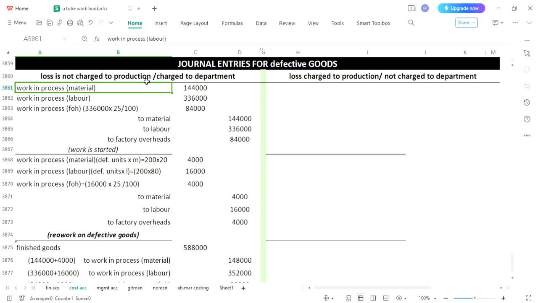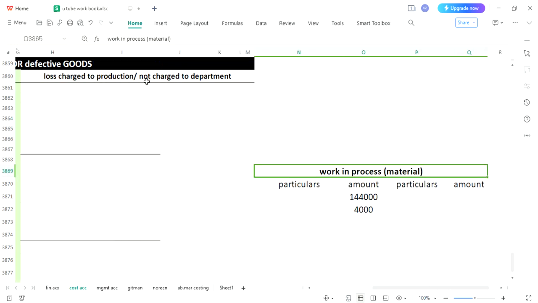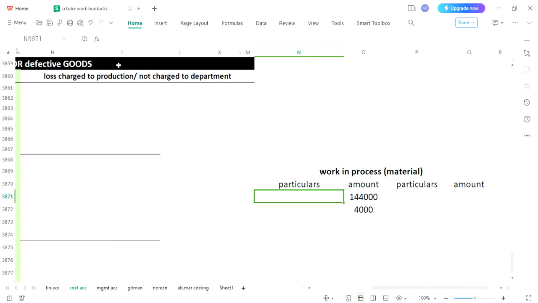Look here, work in process material was put on the debit side and "to material" is written on the opposite side. So this would be used for the reference. Here you will use "to material" as your reference.